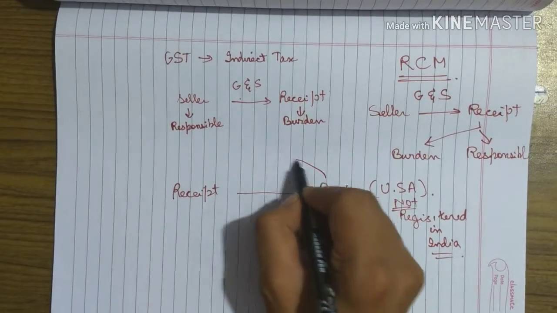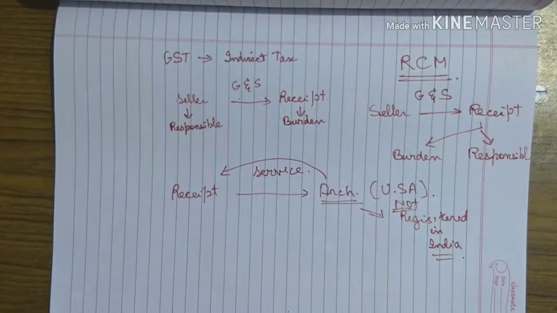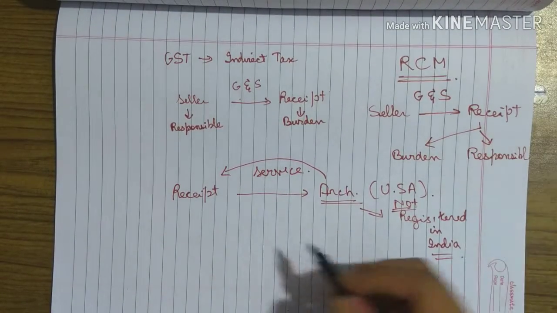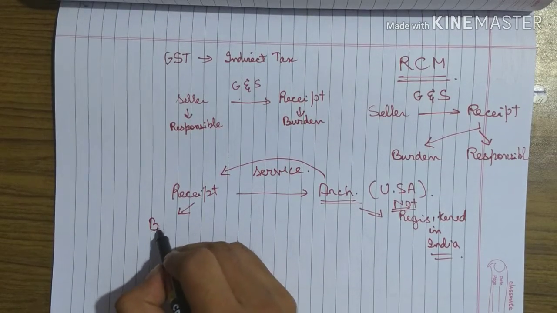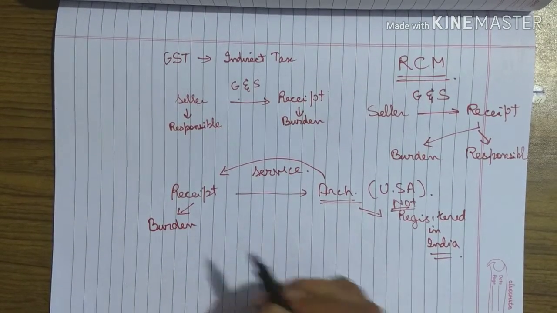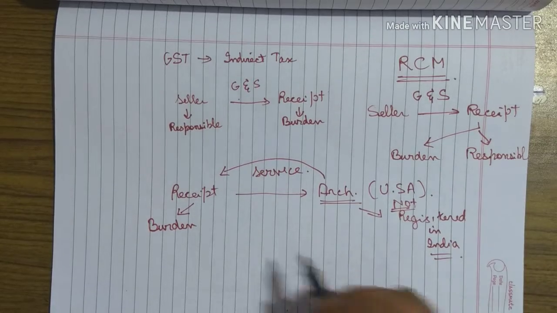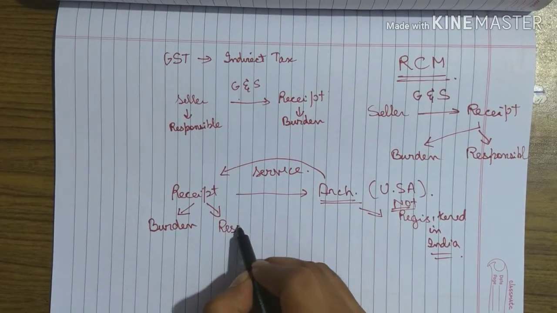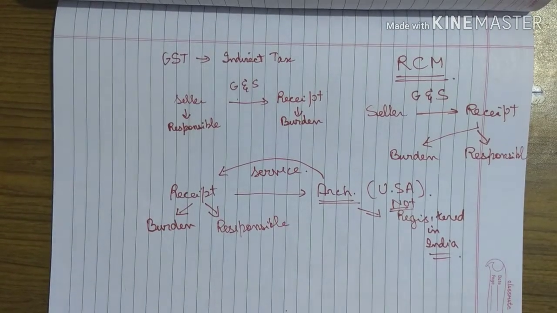So this architect gives you a service, which means you are importing a service. When you give him the payment, you pay taxes, which means you have the burden. But as this person is not registered in India and you are importing a service, you are liable to pay GST, which means you are responsible to pay the GST to the government.